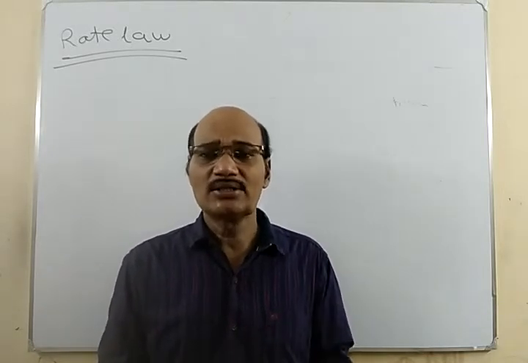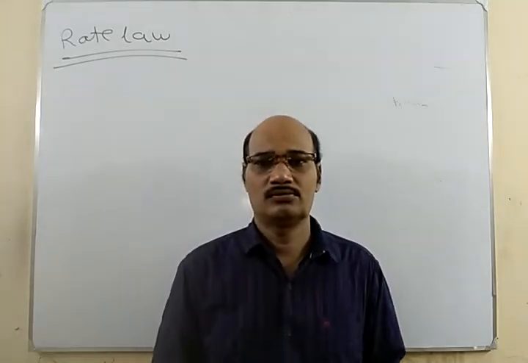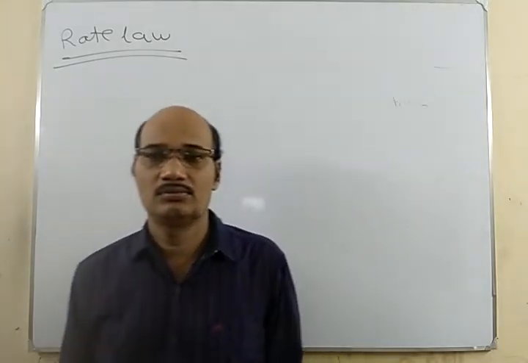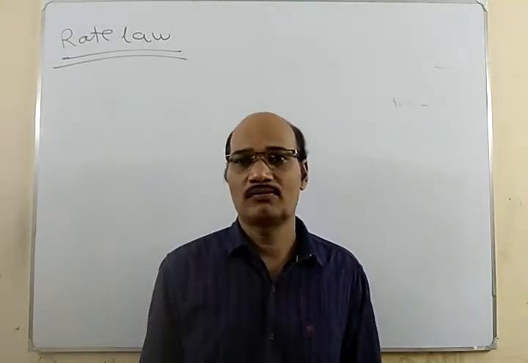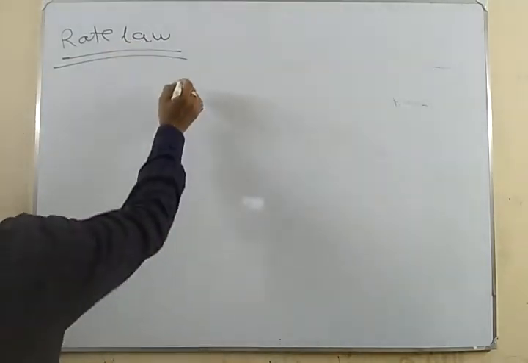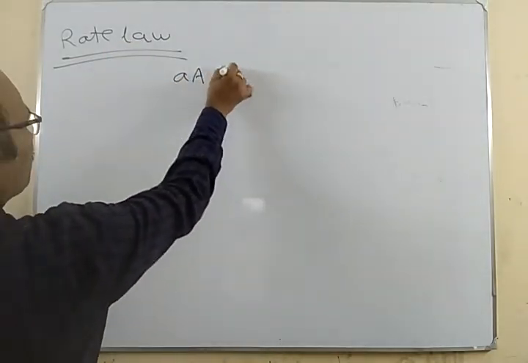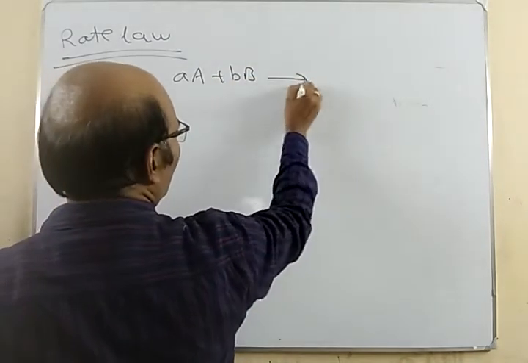We are writing the law of mass action. But the thing is actually not that. Suppose now, for a hypothetical chemical reaction, a of A plus b of B gives a product.